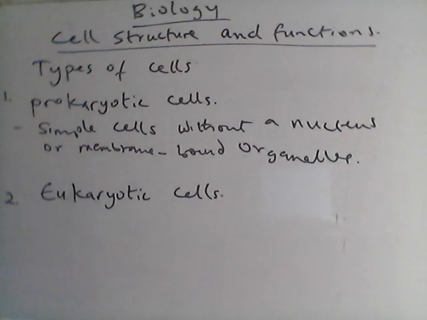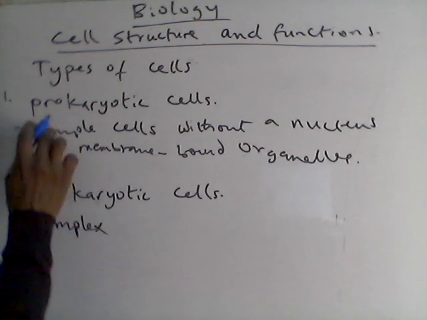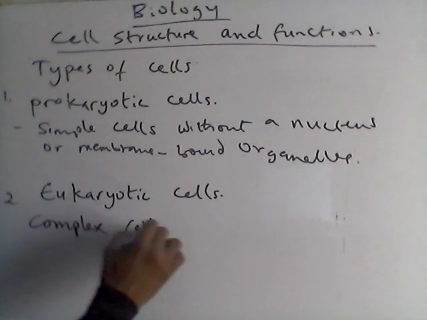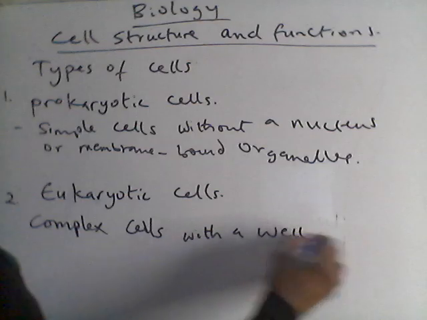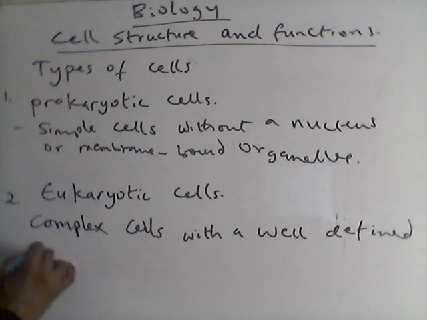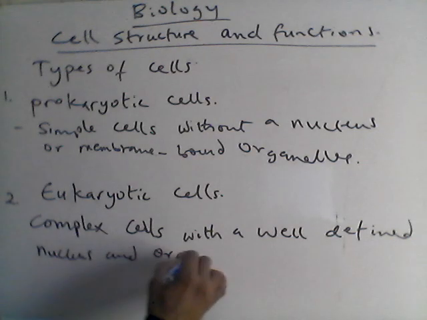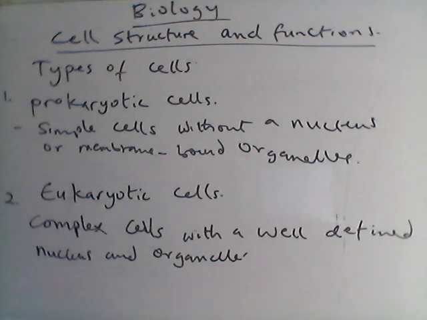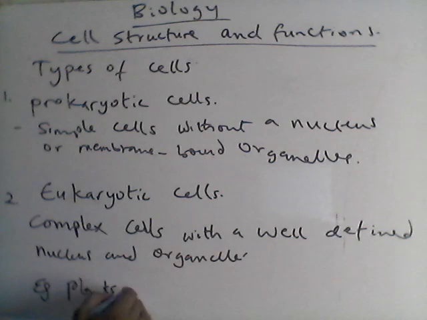But eukaryotic cells are complex cells. The difference: this is simple, this is complex. They are complex cells with a well-defined nucleus and organelles. Examples, e.g., you have plants, animals.